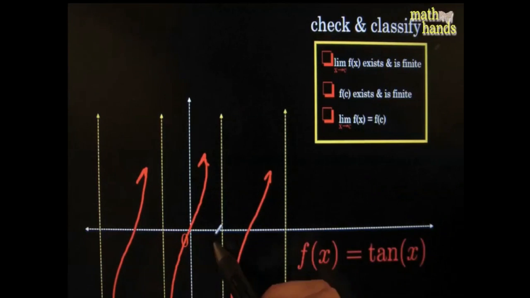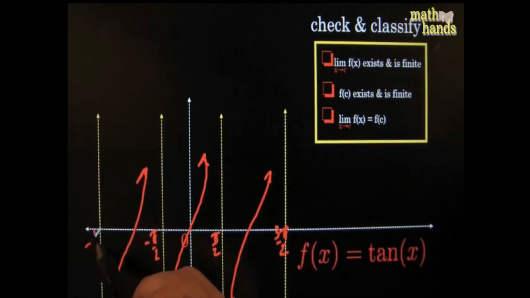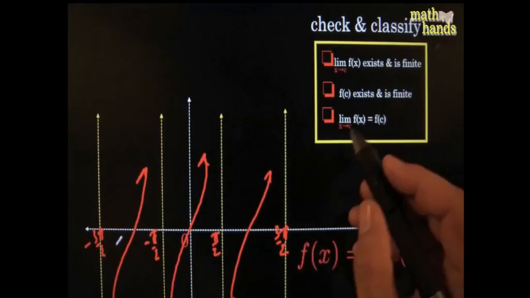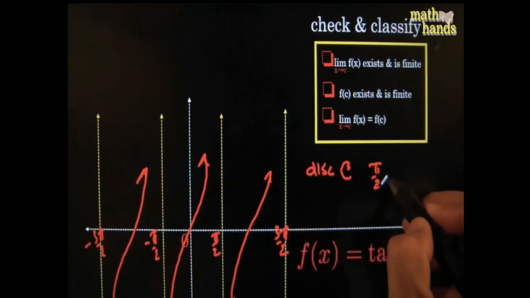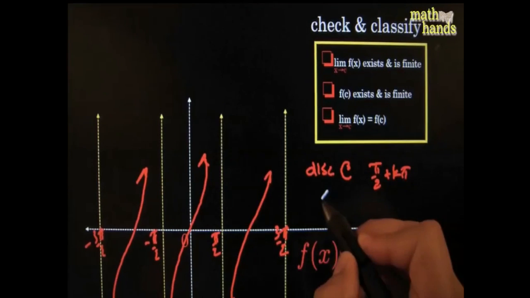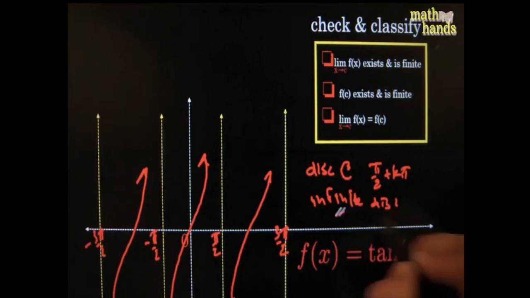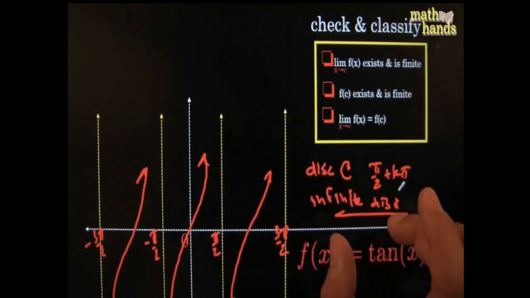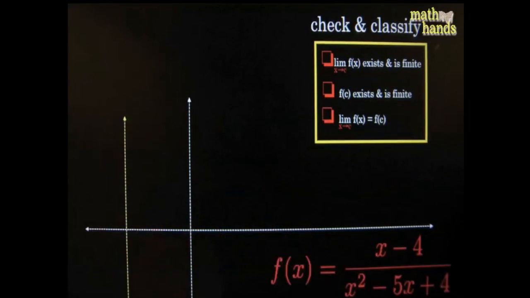Well, it's continuous everywhere except at pi over 2, 3 pi over 2, negative pi over 2, negative 3 pi over 2, etc. At those points it's discontinuous: at pi over 2 plus any multiple of pi, and it has infinite discontinuities. That's the type. So check where it is continuous: everywhere except here. And classify what type of discontinuities: they're infinite discontinuities. That's pretty obvious.